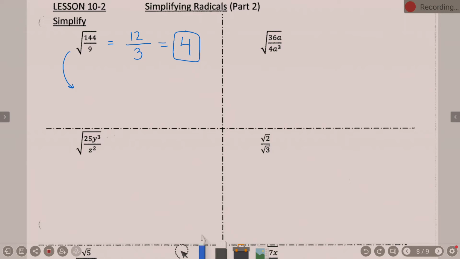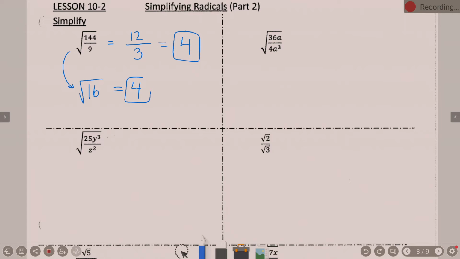Okay, so if we do 144 divided by 9, that is 16. Now notice, have I taken the square root yet? No. So another way to think about this is if you can divide numerator and denominator, try it. It divided nicely, didn't it? It gave me a nice, neat whole number. My fraction's gone. What do we know about the square root of 16? It's 4. And that's your answer.